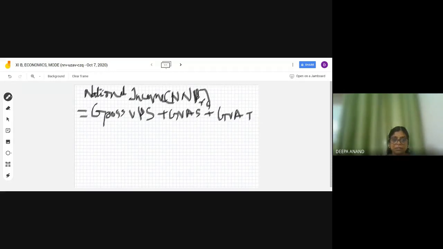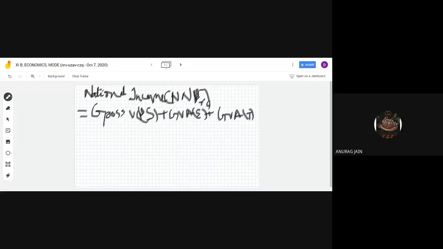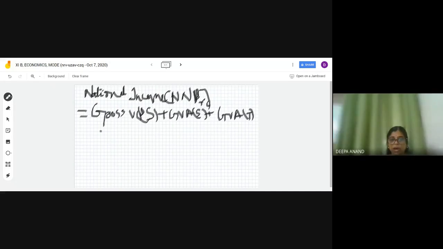You just listen and write. So as I told you, if you add gross value added in the primary sector, then secondary sector and the tertiary sector, what you will get? GDP at MP. So that part is done.